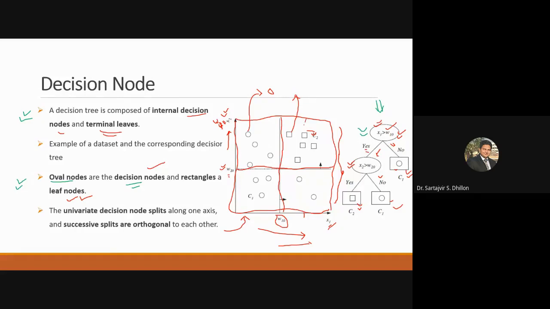Here I'm just marking it with hidden lines. In order to detect these rectangles we have to apply two expressions. First, your x1 must be greater than w10, and your x2 must be greater than w20. So at the end you will be able to detect this type of class.